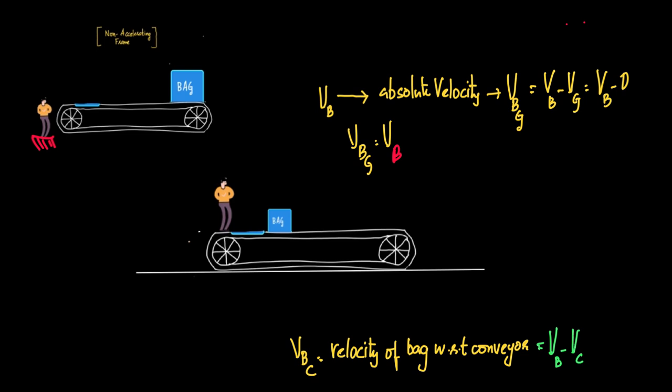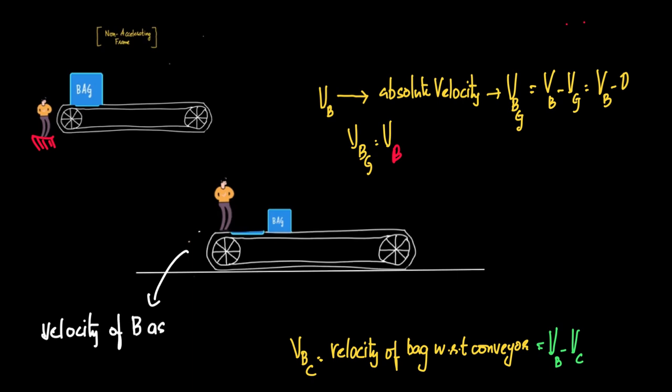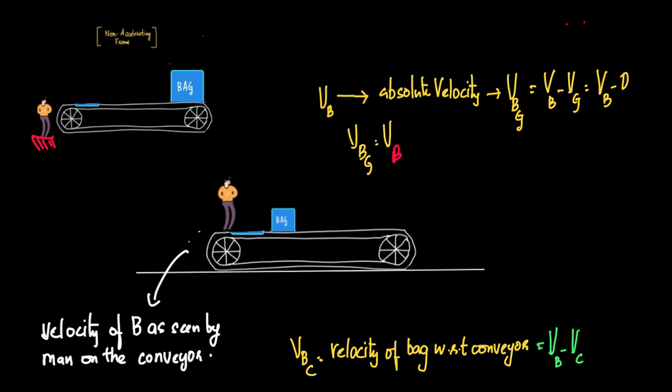Let me just write it down one more time. This represents velocity of bag as seen by man on the conveyor.